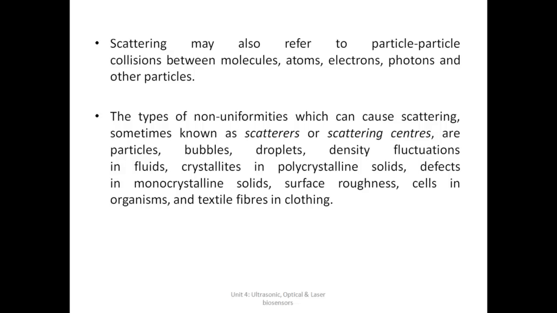All these are macromolecules present in any solution, and they show some random movement, because of which the light, when it falls on that solution, gets scattered away. So these non-uniformities are the mud particles, or maybe some soap bubbles coming in between.